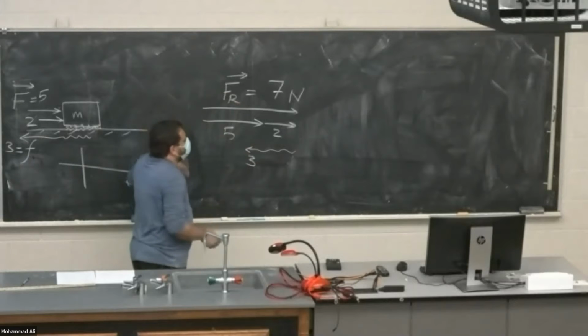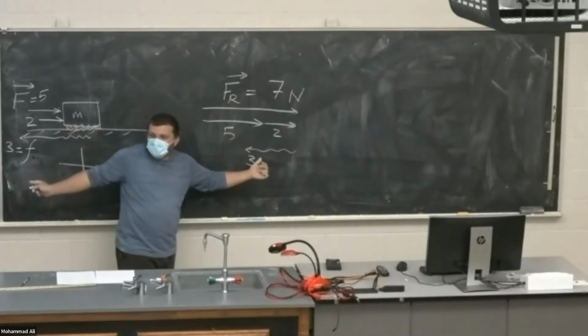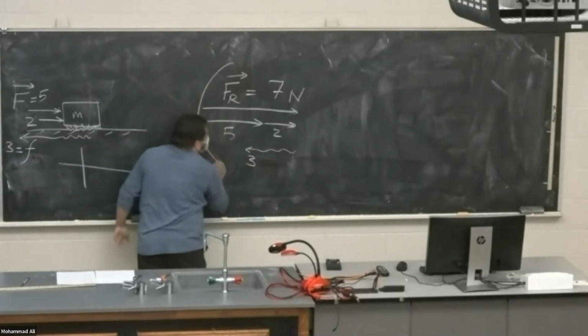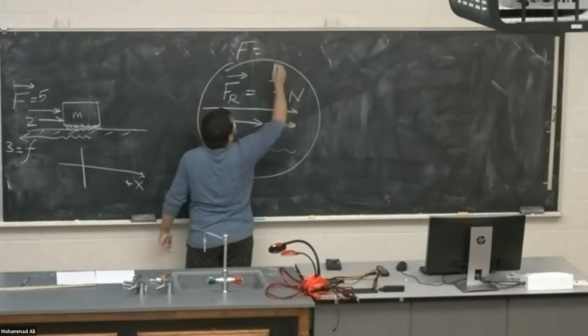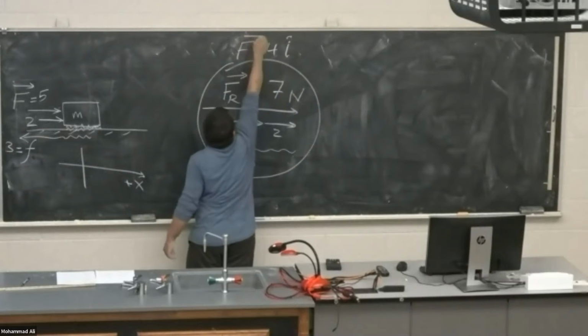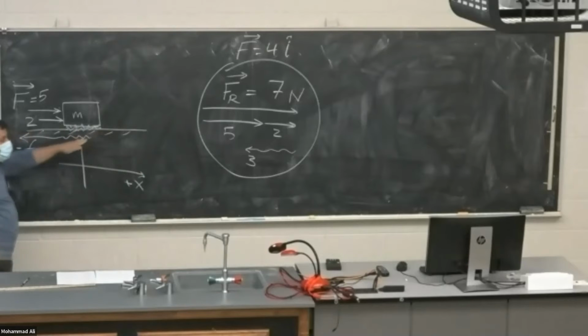How much is the resultant force now, after the 7 plus minus 3? It's minus. We have vectors now. Now the resultant force after all of this, F is equal to 7 minus 3, which is 4, in the x direction. I am talking just in one direction now, right?